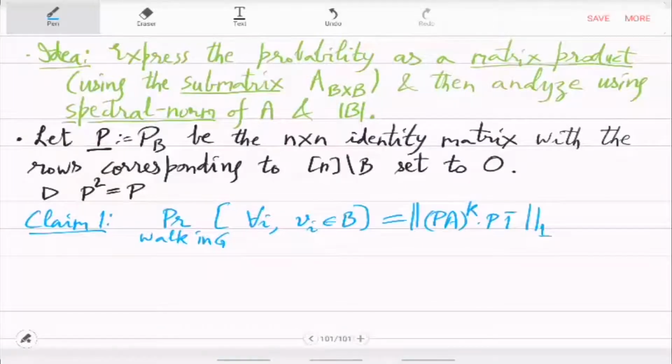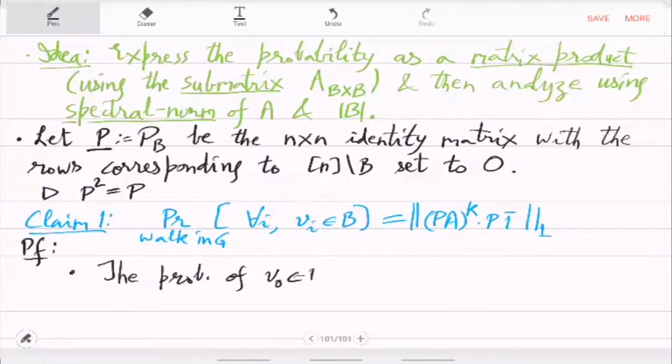So let's prove this. The proof is similar to what you have seen before for the general random walk. So the probability of V0 in B: for k equal to 0, this is just P1. And what is P1? P1 is just the size of B divided by n.